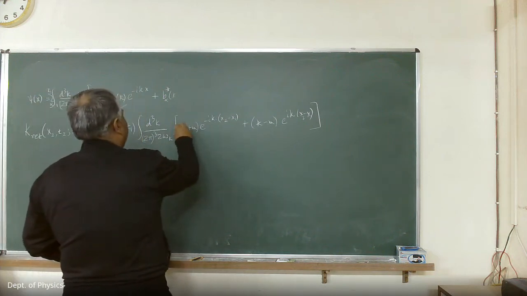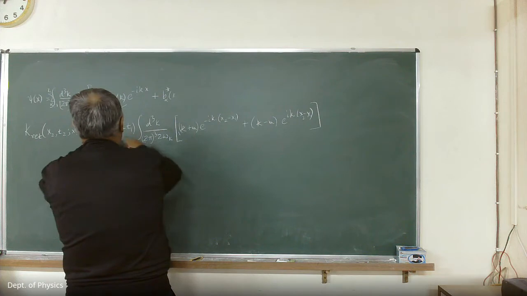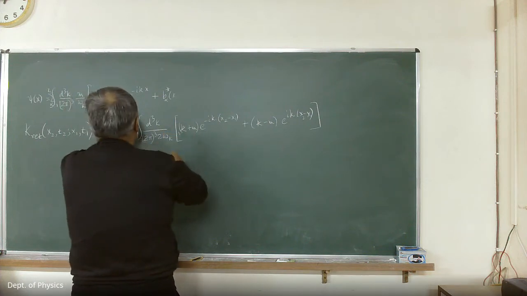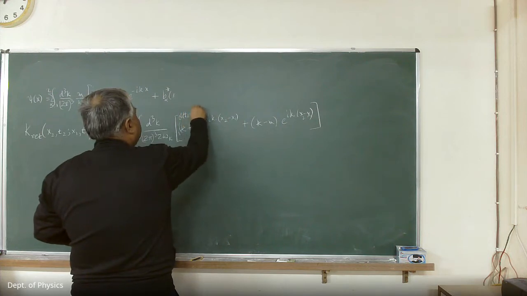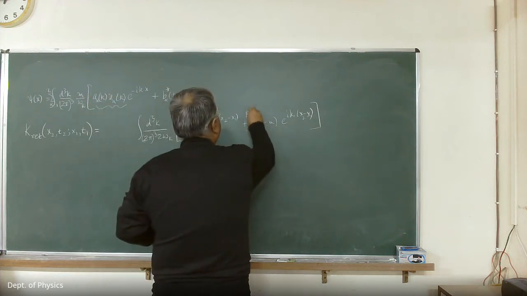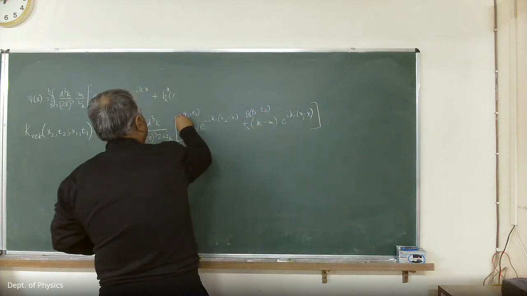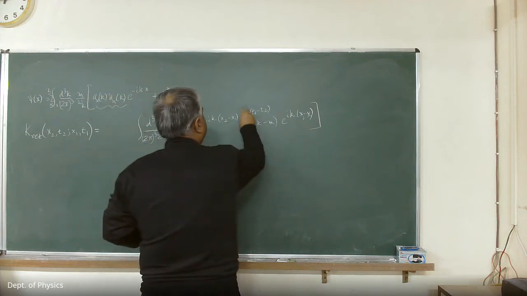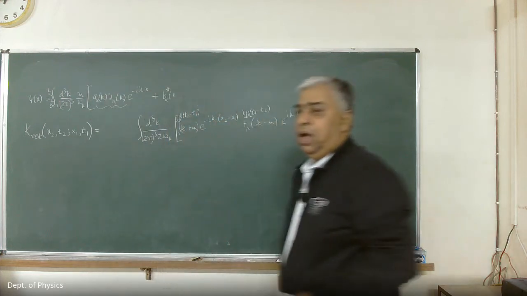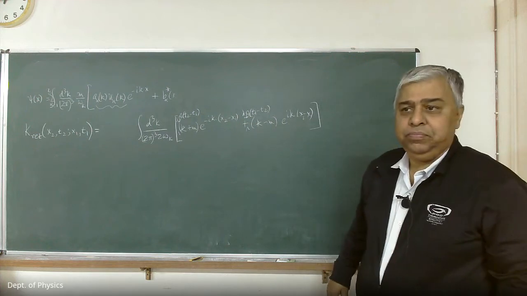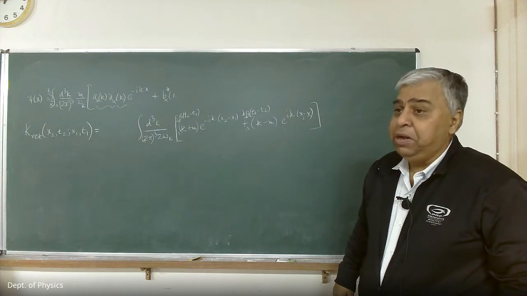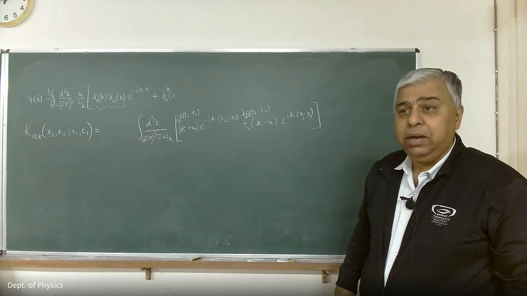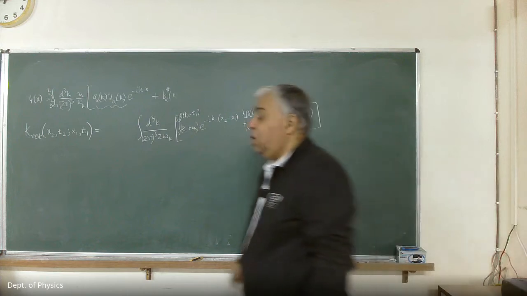So here I had this factor occurring, theta(t2 minus t1), and here the opposite, theta(t1 minus t2), with some additional coefficients, lambda plus and lambda minus. I'm putting it by ansatz, kind of thing. You may ask, what are lambda plus and lambda minus? I'll determine them by demanding that this is also a Green's function.